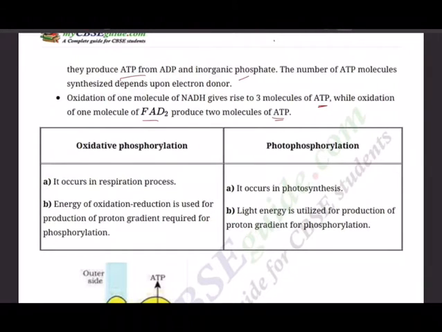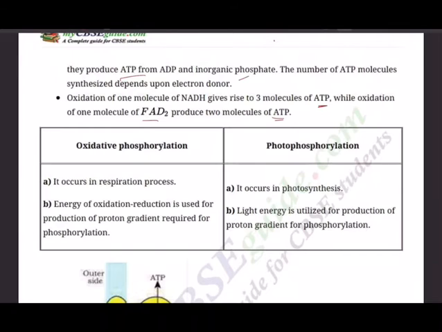One FADH2 molecule is equivalent to 2 ATPs, so 2 FADH2, 2 into 2, 4. And then in the Krebs cycle, of course, 6 NADH molecules, 6 into 3, 18. So totally, glycolysis 2 ATP and mitochondrial matrix 2, 2 plus 2, 4 ATPs are directly formed.